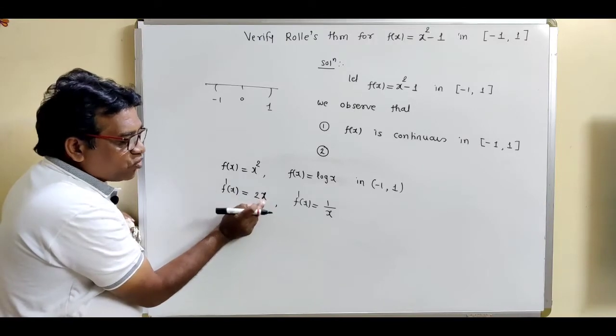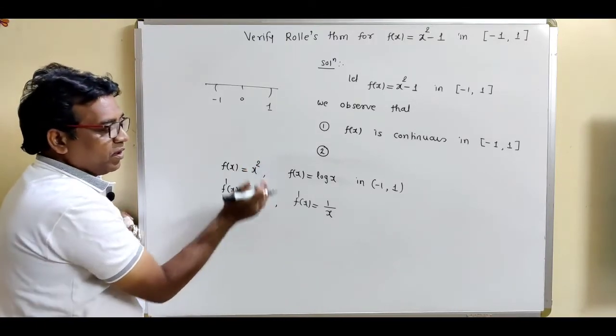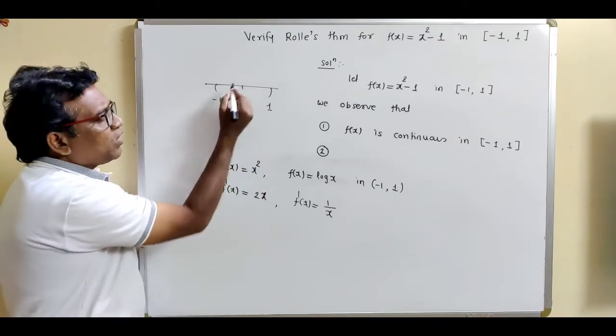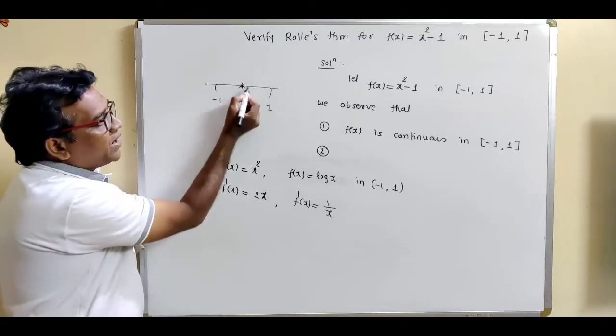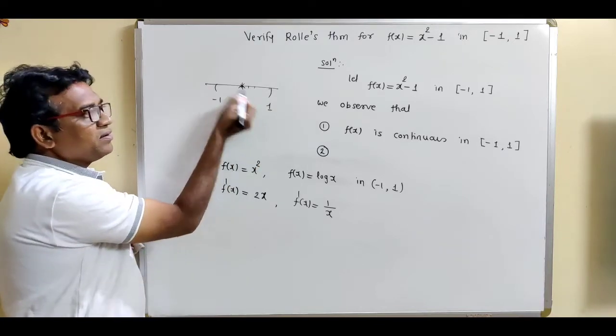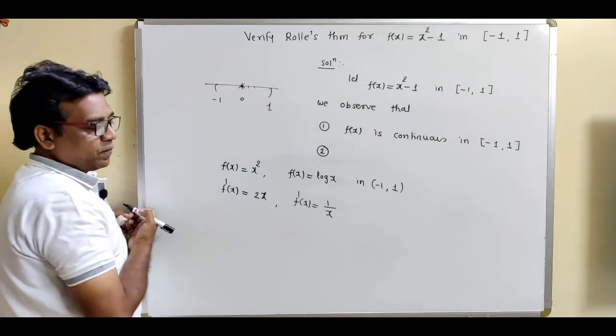Let us put the values of x in between minus 1 to plus 1. We can take the values of x in between minus 1 to plus 1. So let us put the middle point x equal to 0. Or we can take x equal to 0.1, 0.2 up to 0.9. Or we can take negative values 0.1, minus 0.2, minus 0.3 and so on.